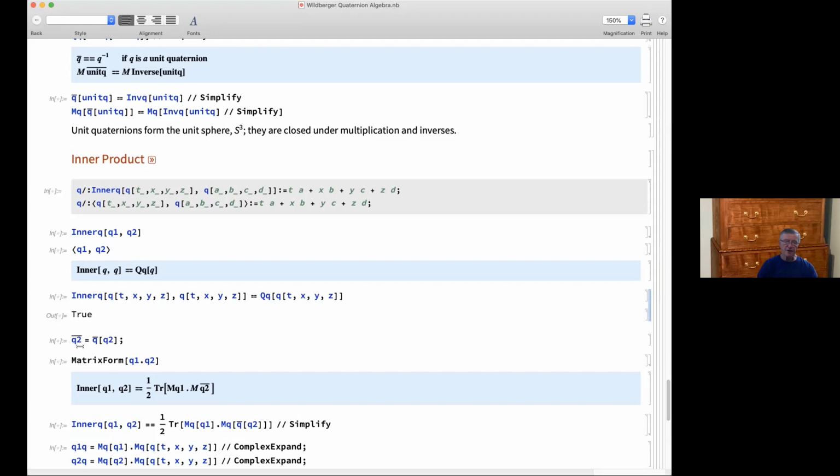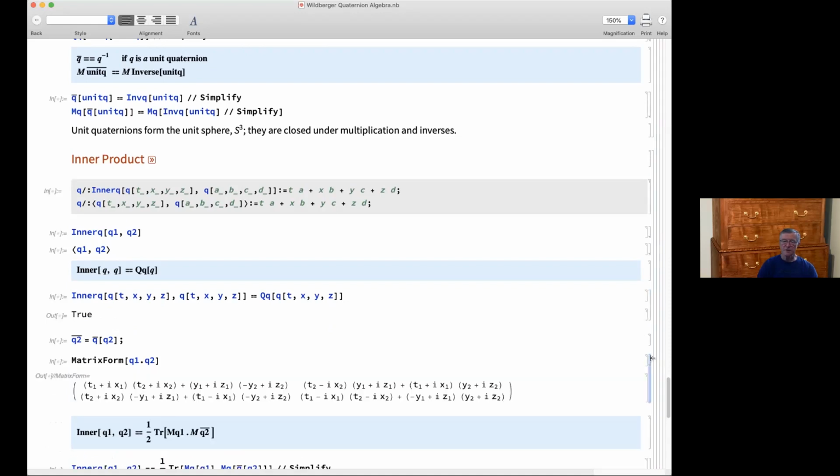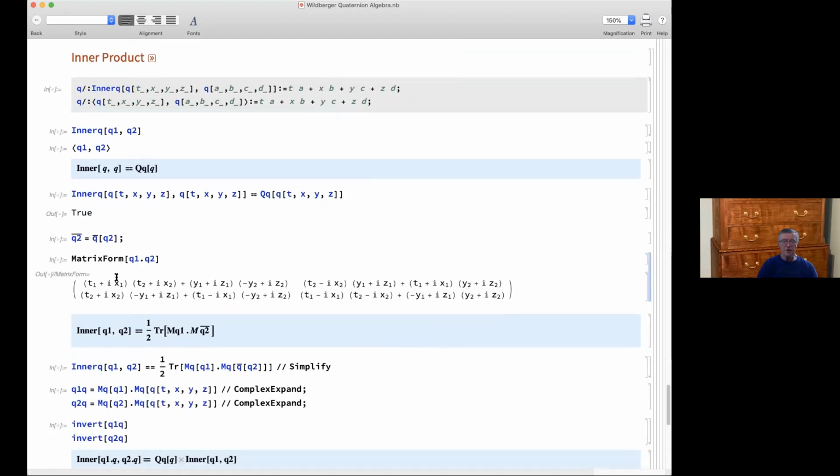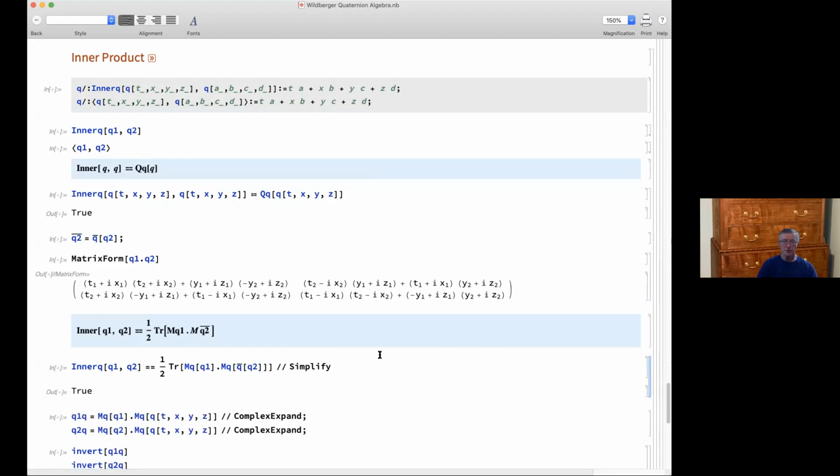Okay, and the conjugate of Q2 is, I'm sorry, I'm identifying this Q2 bar as the conjugate of Q2, and I can show you that the matrix form turns out to be the following, which shows us that the inner product of Q1 and Q2 is 1/2 the trace of the matrix multiplication of the matrix representation of Q1 and the matrix representation of Q2. So this is another result. So those turn out to be true.